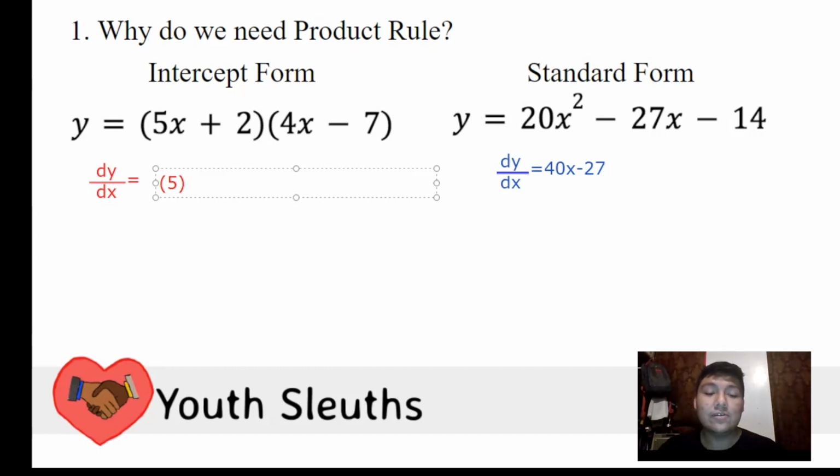And then for the 4x minus 7, it would be just 4. And then 5 times 4 is 20. So now these two are not the same because we didn't use the product rule, which in the next slide we will learn so that we can finally solve quadratics in the intercept form.